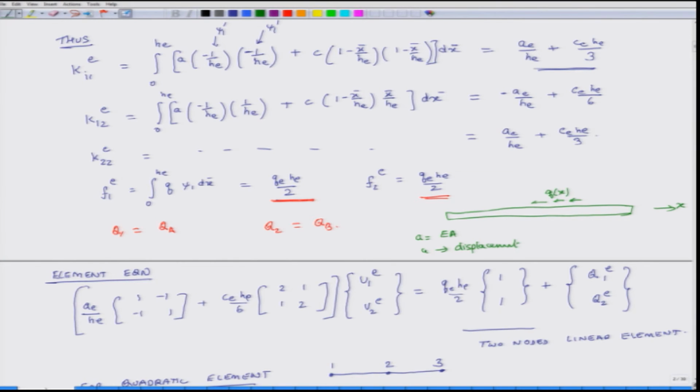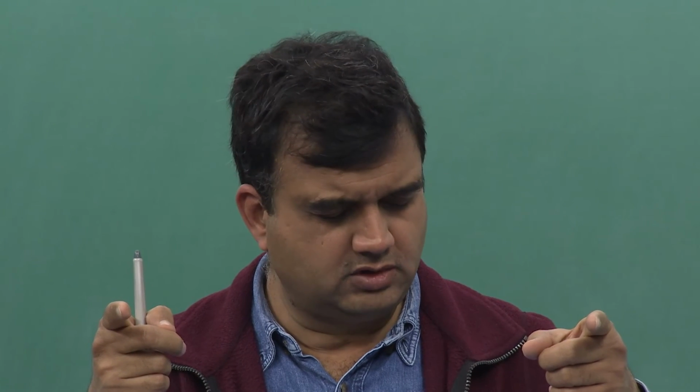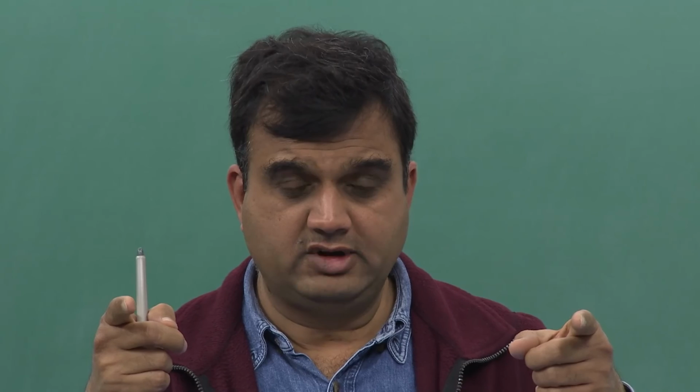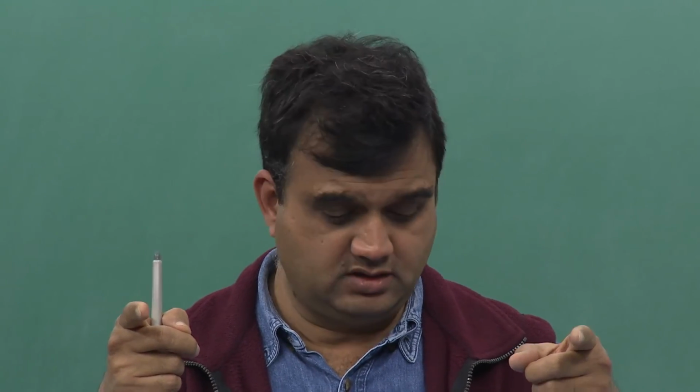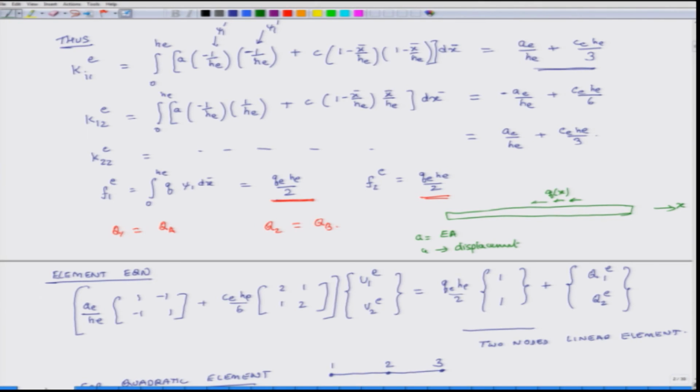Okay. So suppose over an element Q is constant, then the total force on that element will be QE times HE, right. And if it is constant, and that is what we have assumed here, half of that load is shared by node 1 and half of that load is shared by the second node.